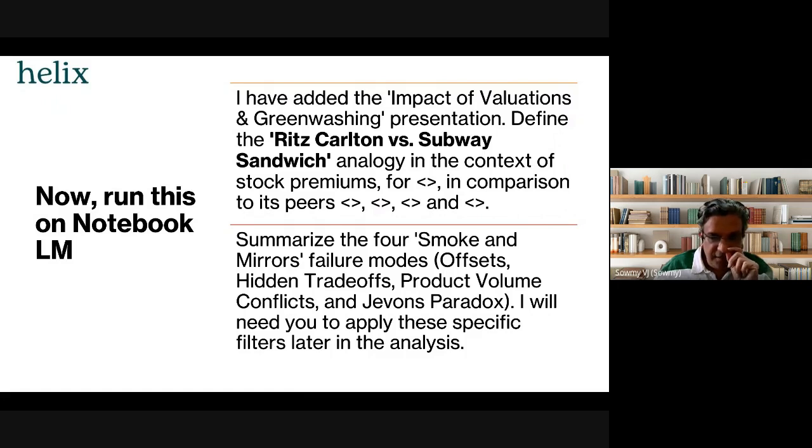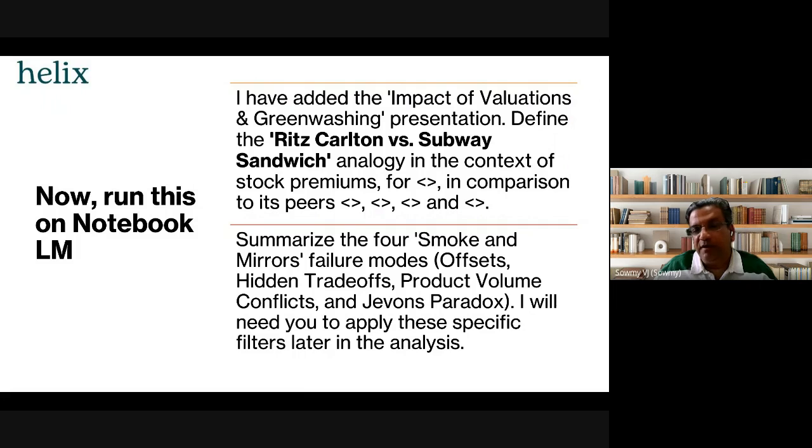And then you'll also tell NotebookLM, because you want it to become the brain, essentially: I will need you to apply these specific filters later in the analysis. Meaning, as you go and do this for other stocks, this kind of filter is something that NotebookLM will need to apply for you.